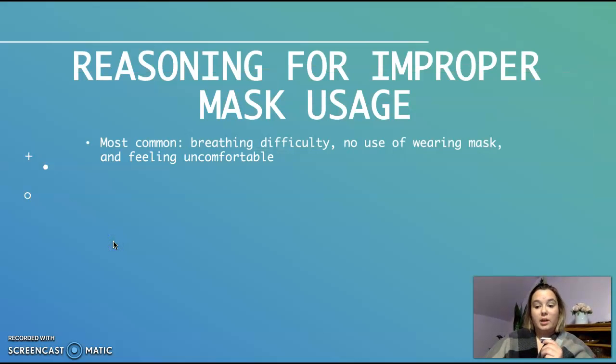So, we have a section on reasoning for improper mask usage. There were several studies that I found online about why people didn't want to wear a mask or why they didn't want to wear it correctly. The most common things that I found were breathing difficulty, no use, like no point in wearing the mask, or just feeling uncomfortable.